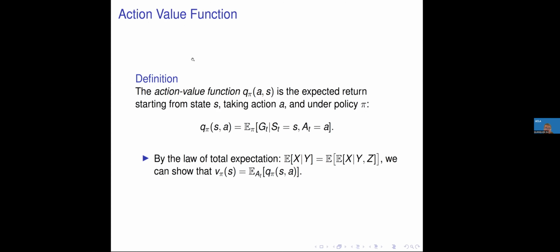The difference between the value function and the action value function is that for the action value function, we need to specify the starting state as well as the starting action. So this Q_pi(s,a) tells you the expected return the agent can receive starting from state s taking action a.